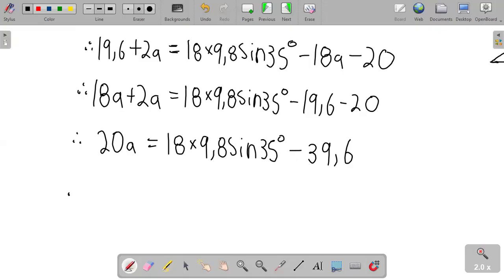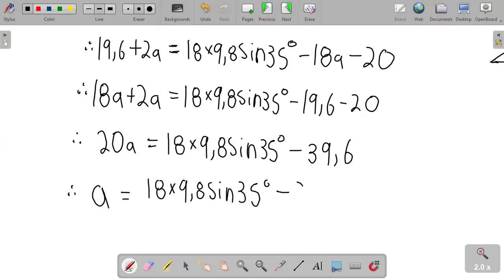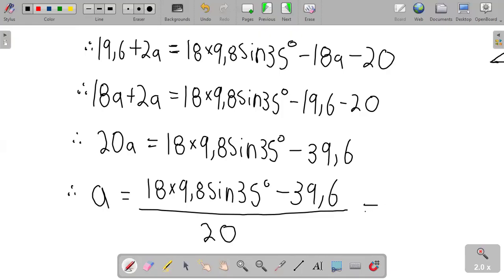So it means we can get A, we can divide by 20 on both sides. So it's 18 multiplied by 9.8 sine 35 degrees minus 39.6 and divided by 20. And then we get the answer.